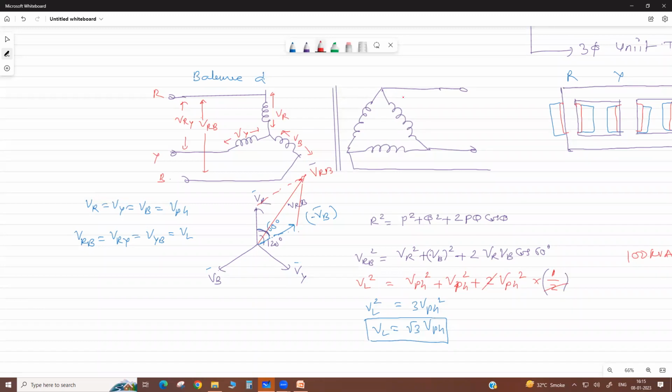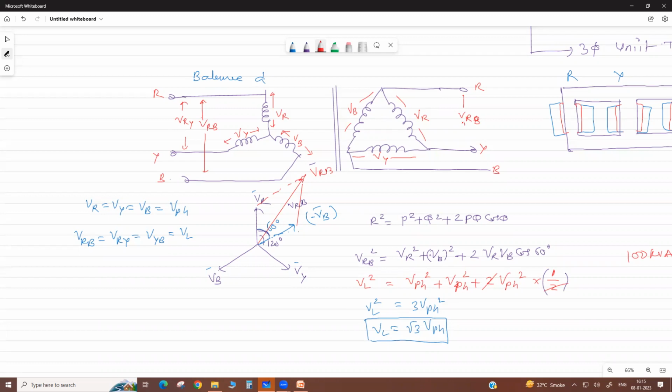Here these are the phase voltages, VR, then VY, then VB. The line voltage is also VRYB, between R and B phase.